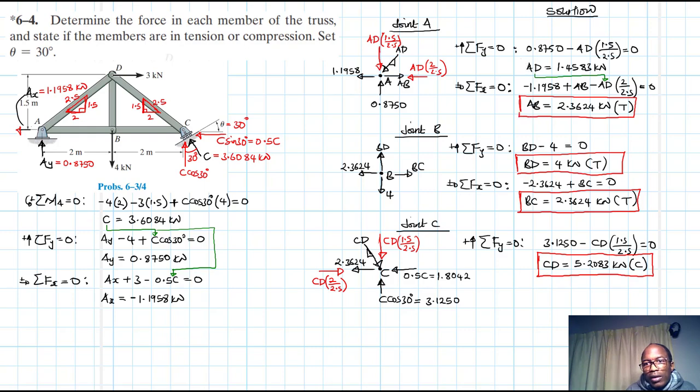And then finally we have AD. What did we say? AD is in compression. Alright, let's outline it also. So AD is in compression. Great. So I think this is about it.